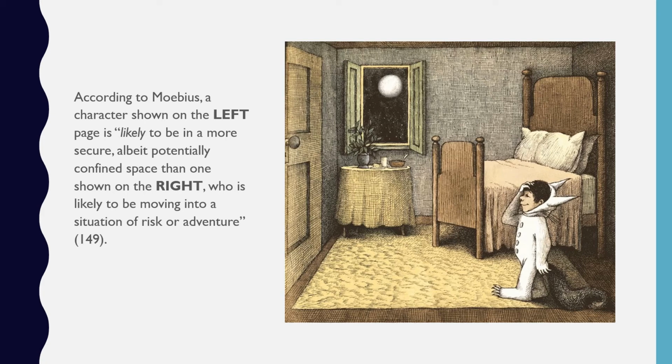So this is again another example of how we can use those codes and the understanding of those codes to get a more nuanced meaning of the text rather than just what at face value happens in the story.